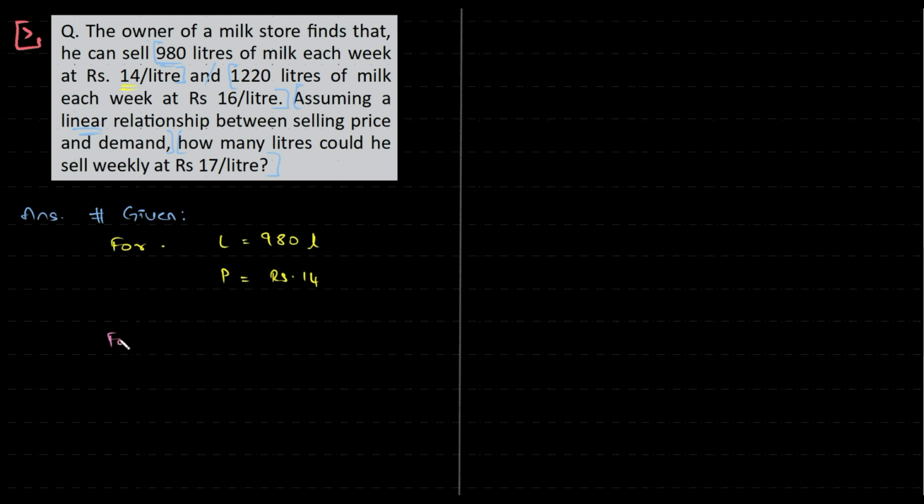Next, for a price of 16 per liter, actually all of this is per liter, he is able to sell 1220 liters. So we have to assume that all this relationship is linear.